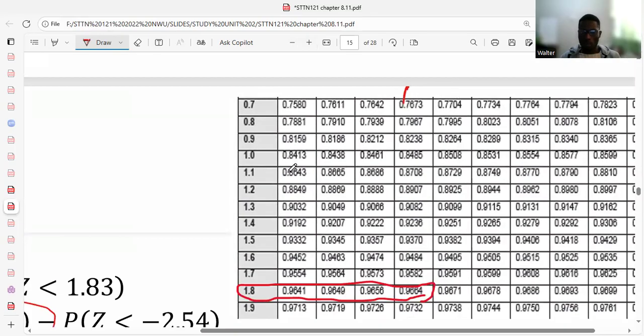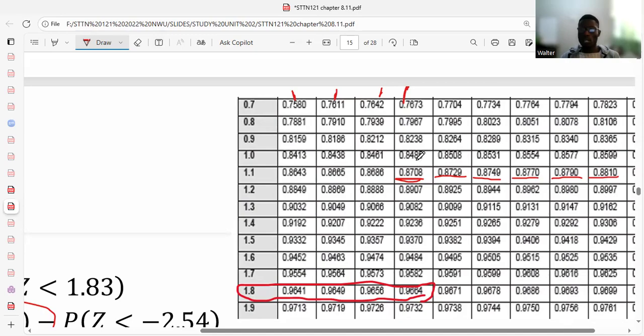This is 0.84, 0.88. We have 0.87 here, and we know here it's under 0.03 because 0.00, 0.01, 0.02, this is 0.03. So 0.8708, 0.8720, 0.8740, 0.8770, 0.879 something, 0.8810.